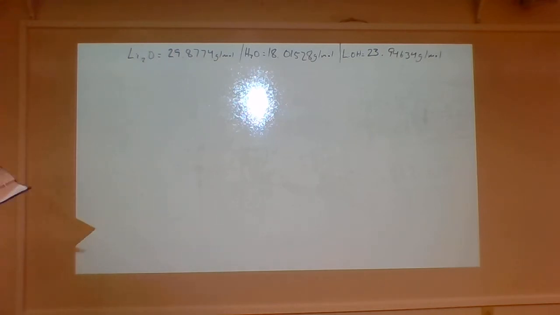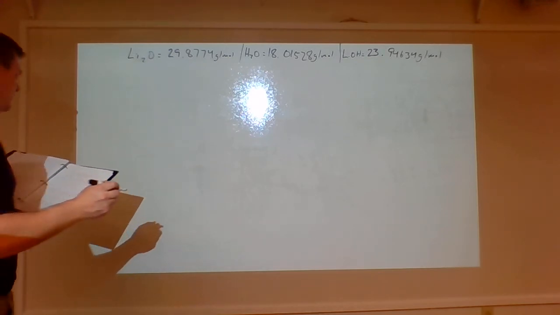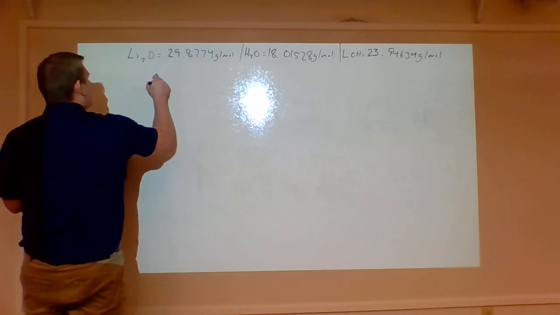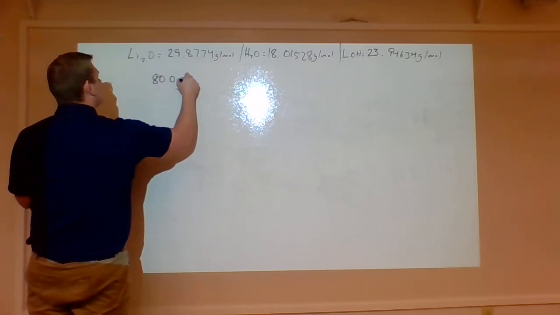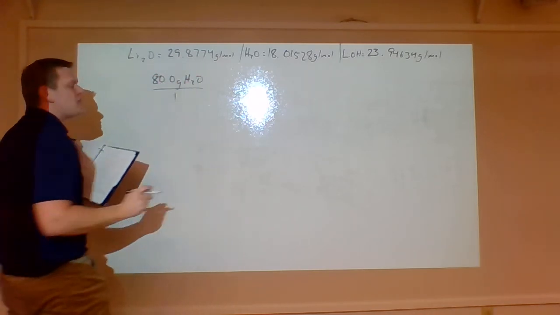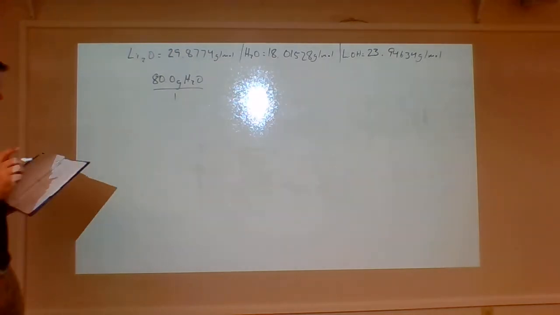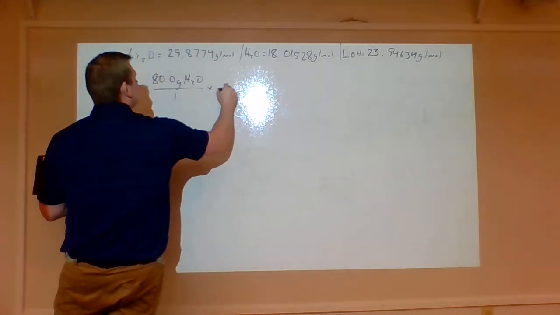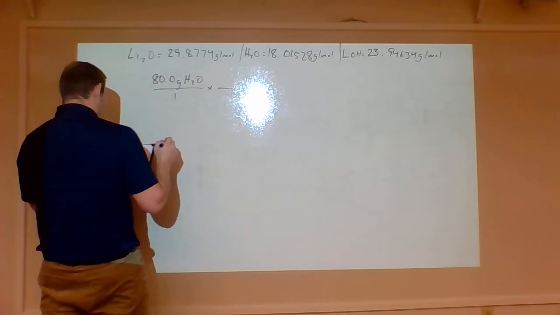Okay, so now we need to determine which one of these is going to be our limiting reagent. First, let's start with water. We know that we have 80 grams of water to start with. That's our measured value, we put that over 1. Then we convert this into number of moles of water.